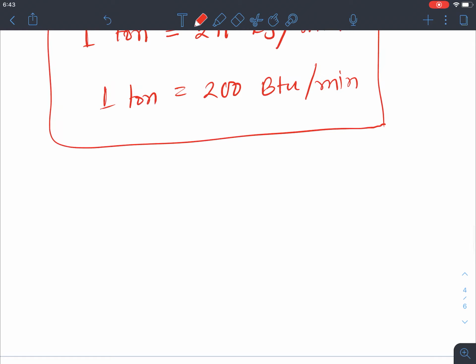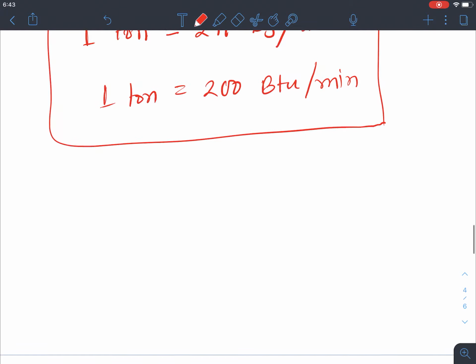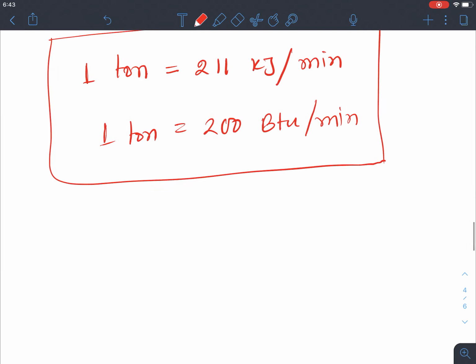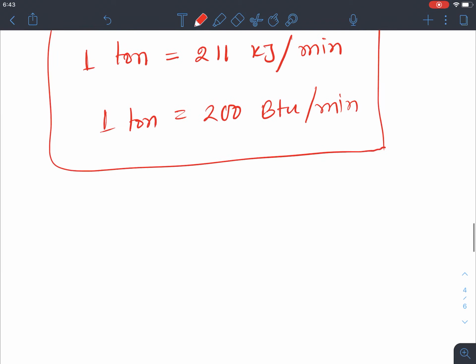So let's take a look at one more thing about this heat pump and the refrigerator. We defined the coefficient of performance for the heat pump and the coefficient of performance for the refrigerator.